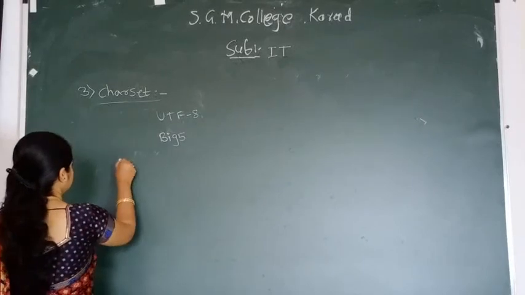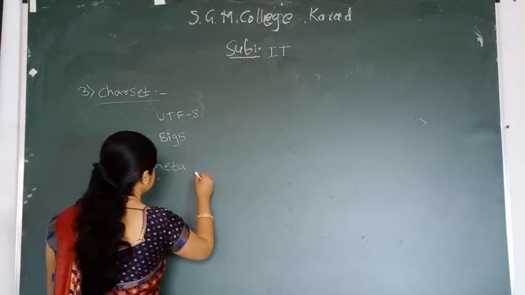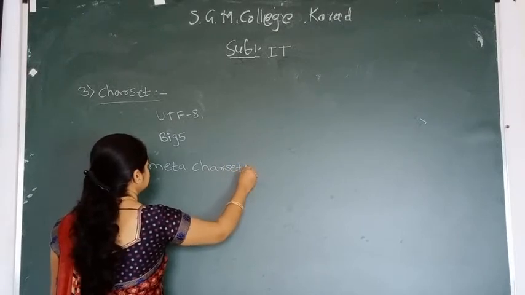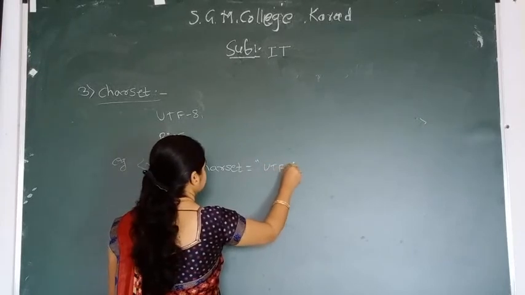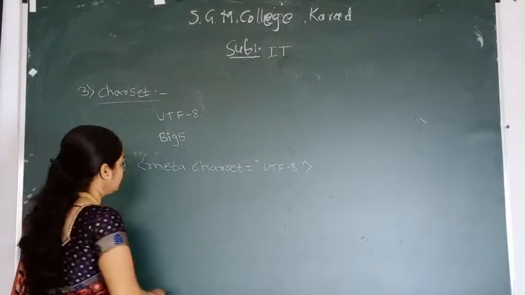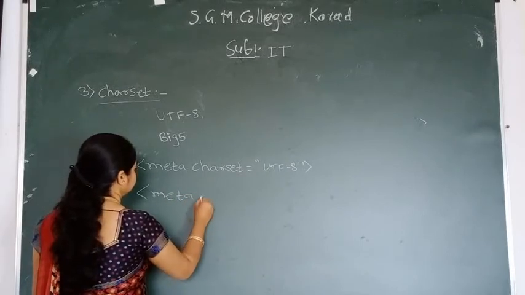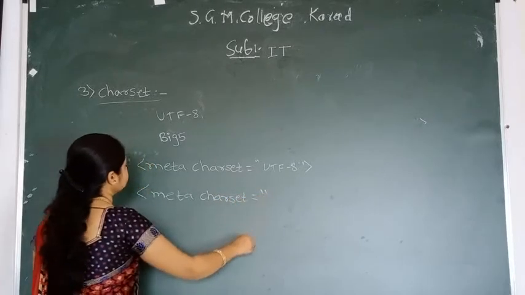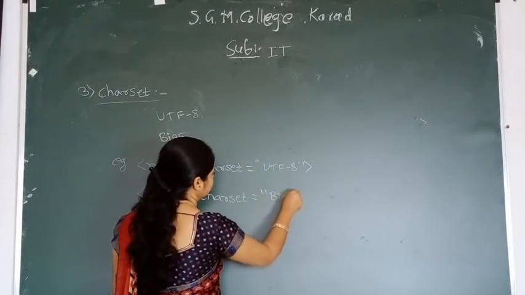For example, meta charset equal to UTF-8 and meta charset equal to Big5.